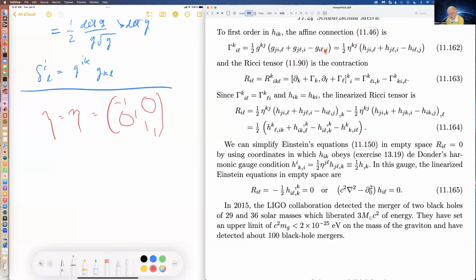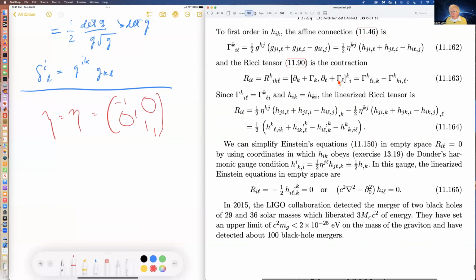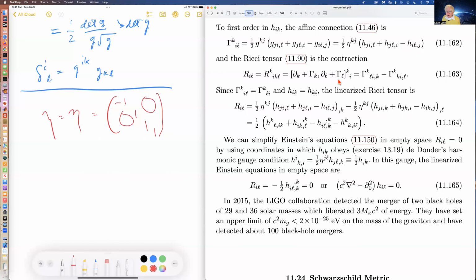And then to first order here, we just have the H term. And the Ricci tensor is then a contraction like this. Well, the gamma term is second order, so that goes. So we just have the derivatives of these, and it's an antisymmetric combination like that. So that's the Ricci tensor.